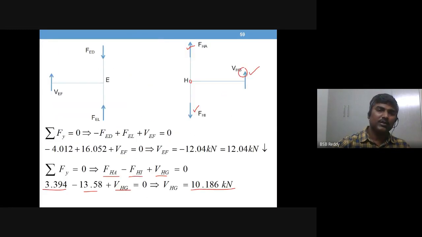Right, you see joint E, downward value 4.012, upward 16.052, and you don't know this value, you assume it as up, and it is giving you a negative value, which means it is downward 12.04.